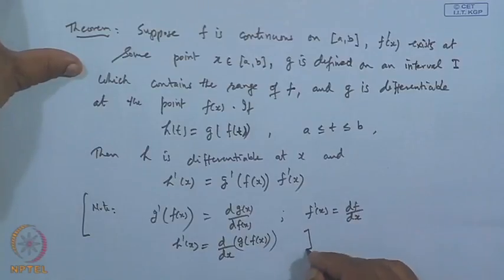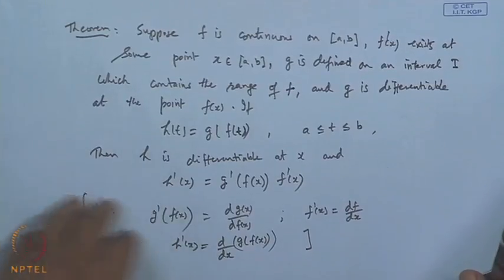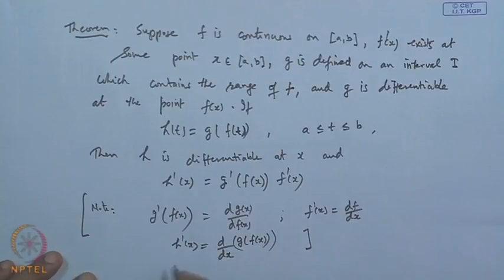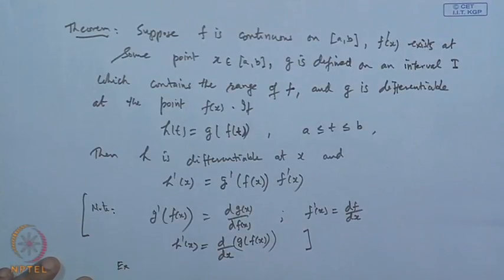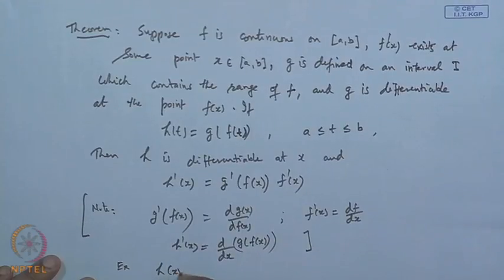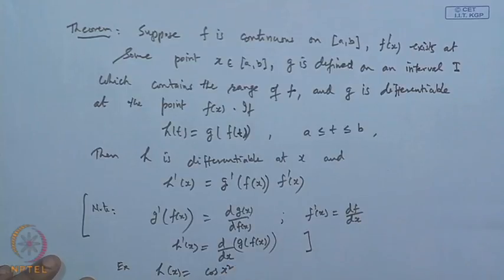Suppose, for example, I say the function h of x equals cosine of x square. Then f x is x square and g is the cosine function.